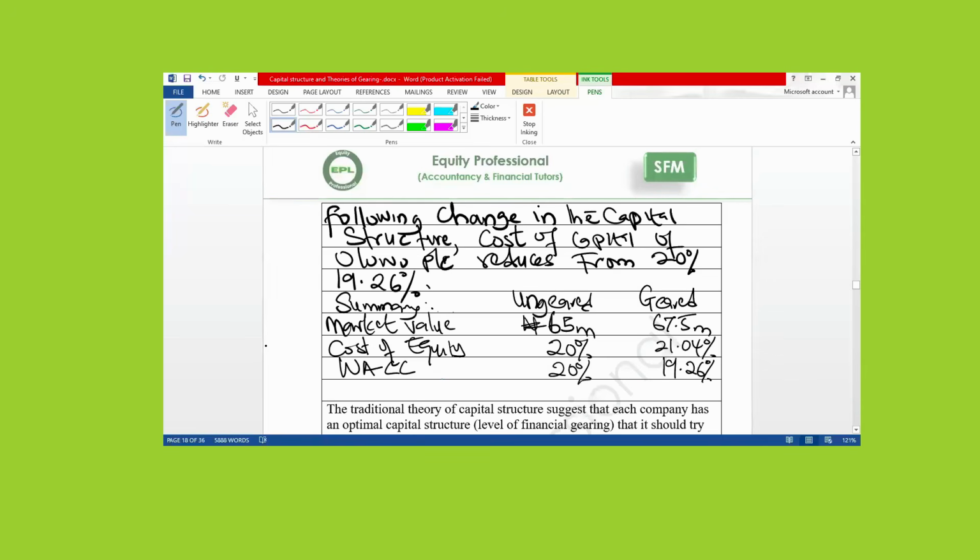WACC. When the company is ungeared, WACC is 20%. That is the cost of capital.